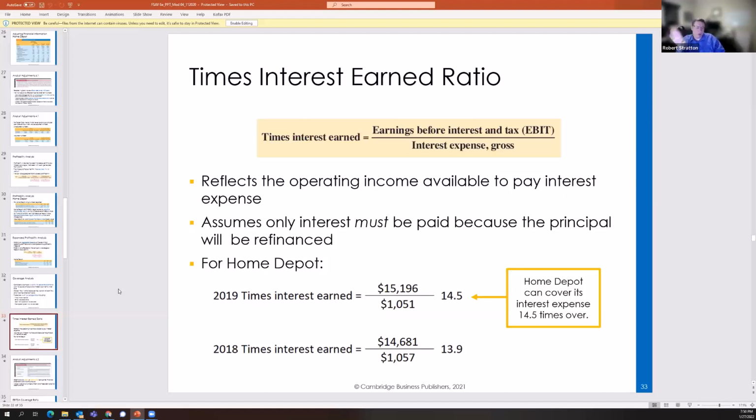We're not worried as a lender that they're not going to be able to cover their interest payments. Why do we only care about interest payments? Because the assumption is that Home Depot is just going to keep refinancing the principal and never really pay it off. And as long as we keep getting our interest payments, we don't really care. So that's really what we're concerned about.